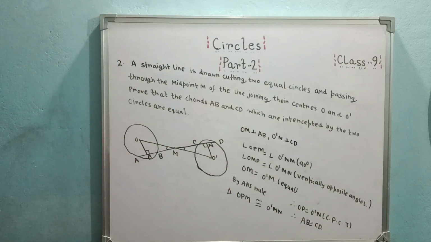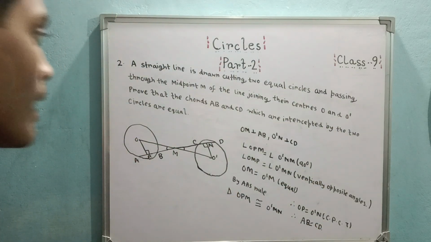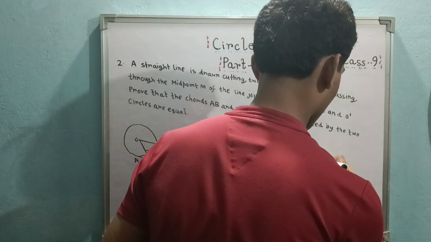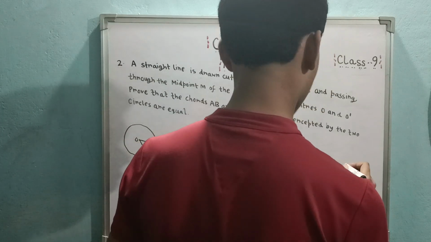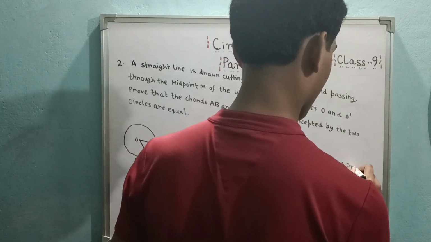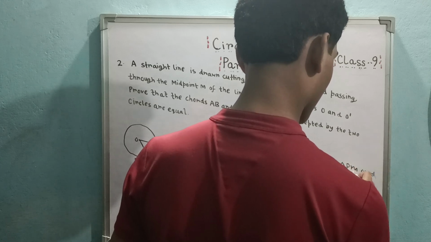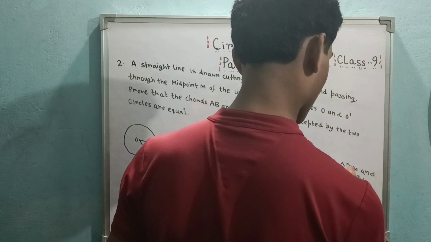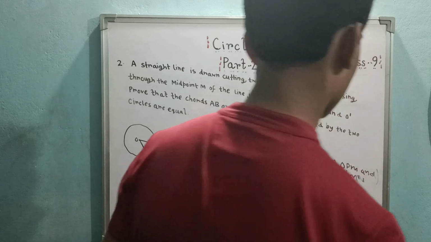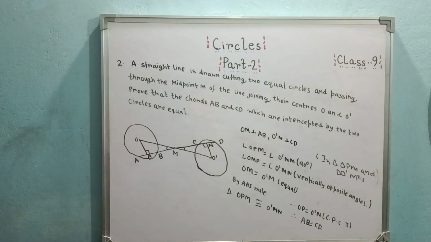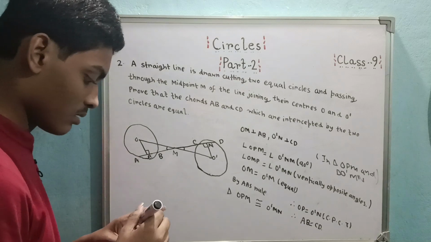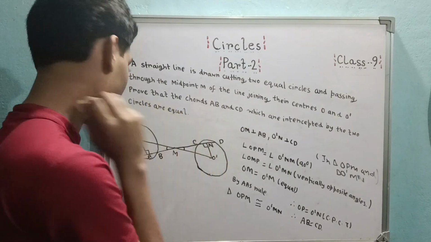Not easy, but it took a few statements. So I can just write in triangle OPM and triangle O dash MN, these are the statements. We proved two angles of 90 degrees.